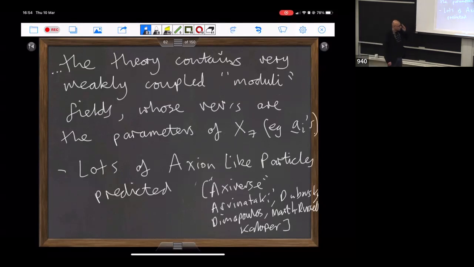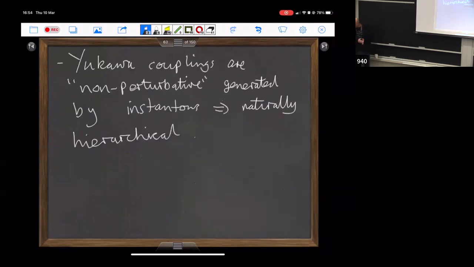These days, there's been a lot of interest in axion phenomenology and axion-like particles. These types of models predict lots and lots of axions, and so leads to this axiverse picture, string axiverse picture.